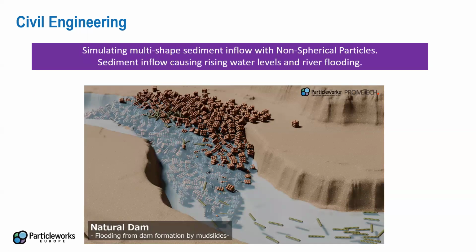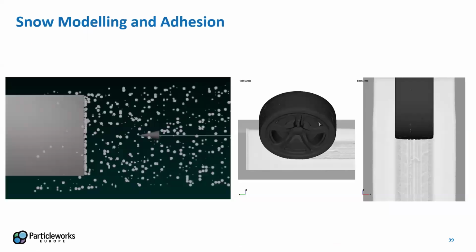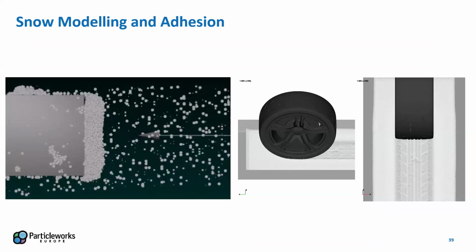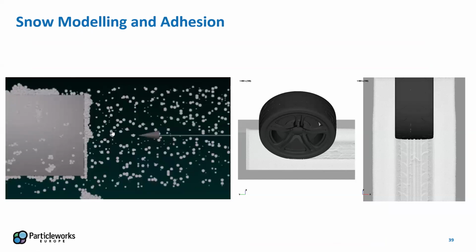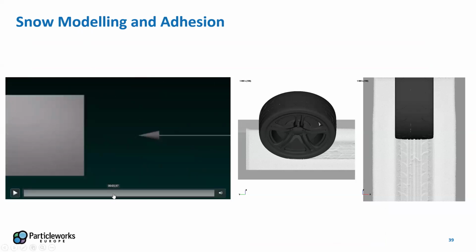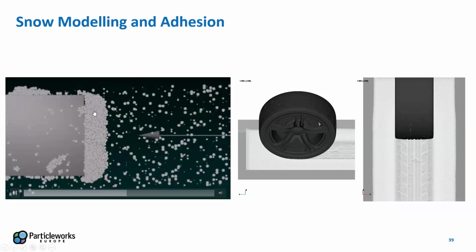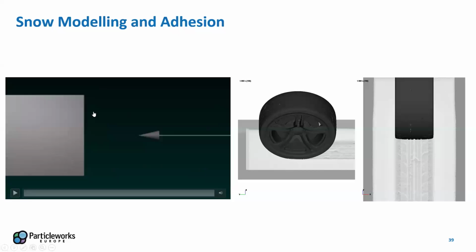Taking advantage of the multi-particle, multi-shape feature of the software. At the end, we see here snow modeling, and this one is an advanced model because we also have adhesion forces typical of snow and accumulation. As you can see here, the accumulation is modeled by these forces.